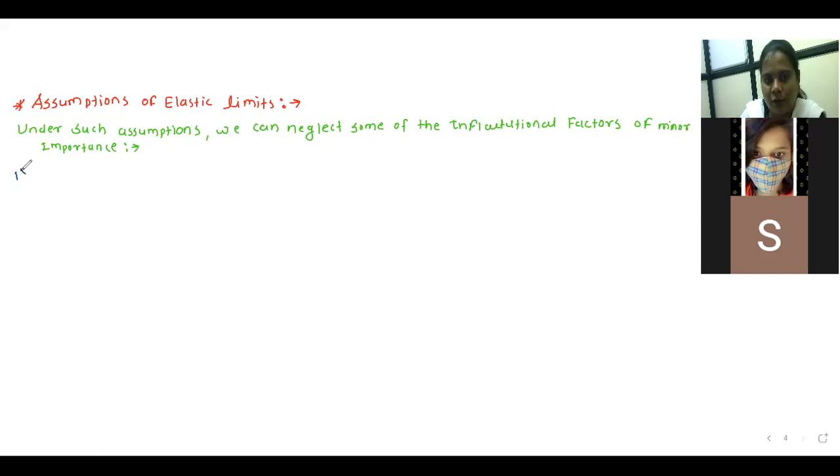Please write down first assumption. First assumption is the body is continuous. First you write down, then I will explain what is meant by body is continuous.